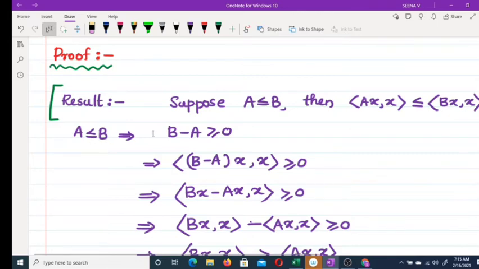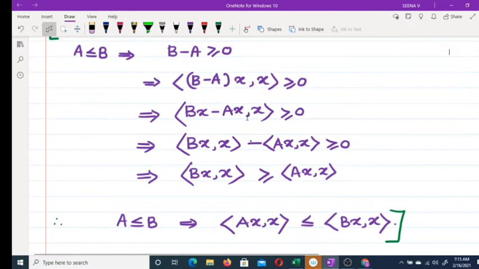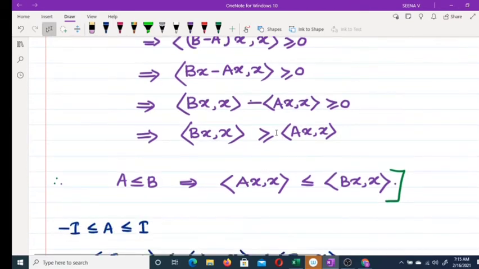A less than or equal to B means B minus A greater than or equal to 0, that means inner product of (B minus A)x, x is greater than or equal to 0, that is inner product (Bx minus Ax, x) greater than or equal to 0. That means inner product (Bx, x) minus inner product (Ax, x) is greater than or equal to 0, so inner product (Bx, x) is greater than or equal to inner product (Ax, x). So A less than or equal to B implies inner product (Ax, x) less than or equal to inner product (Bx, x).